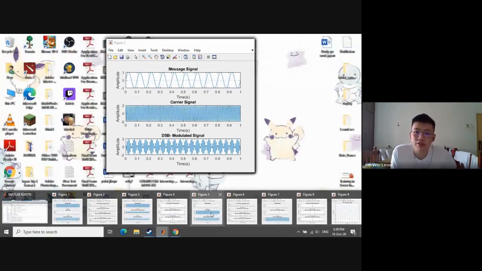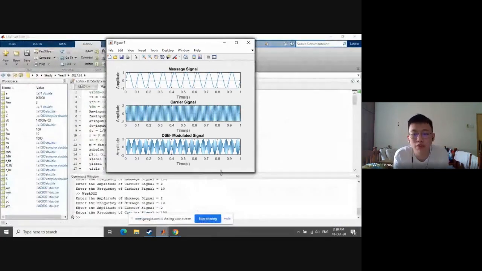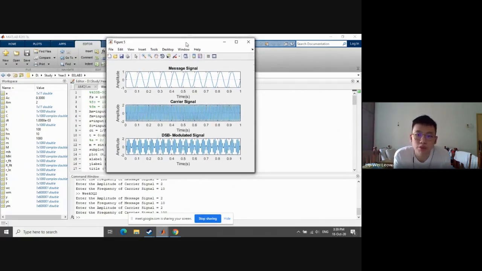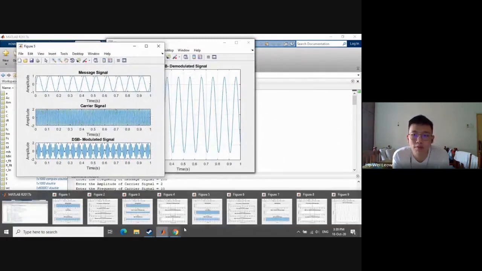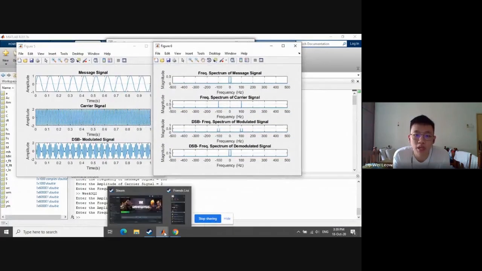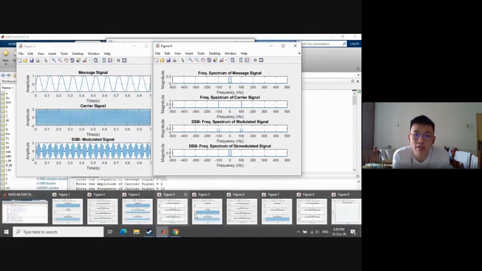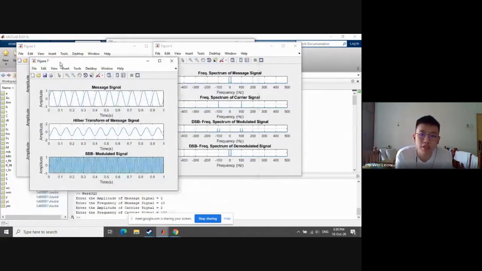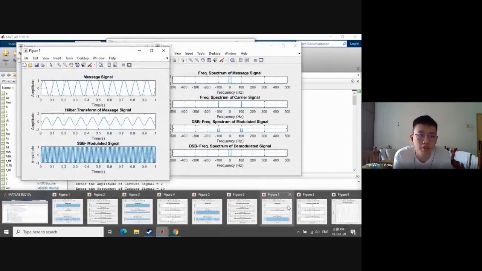Thank you, Hem. So now for question 2, we use a double sideband suppressed carrier, DSB-SC modulation, to analyze the waveform and also the frequency spectrum. And we found out that only the upper sideband and lower sideband are transmitted, as shown on the frequency spectrum.